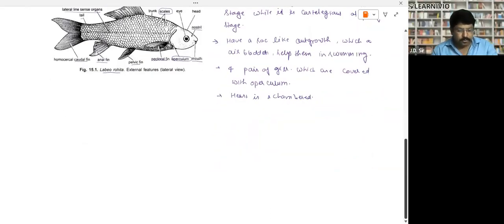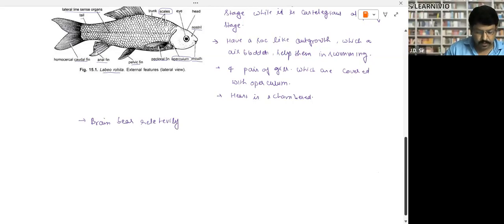And the brain bears a relatively small smell sensing organ in comparison to shark, right?